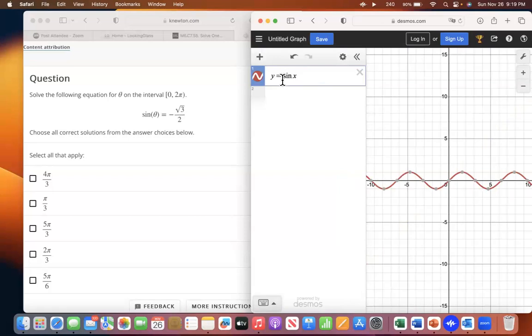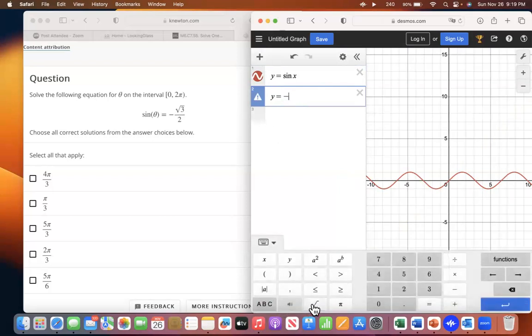And then on the next line type y equals minus square root 3/2. You can either use the keyboard down there for that, or type sqrt. All right, and then you're clicking on those intersection points.